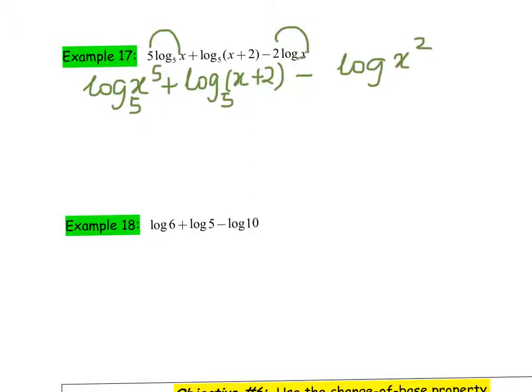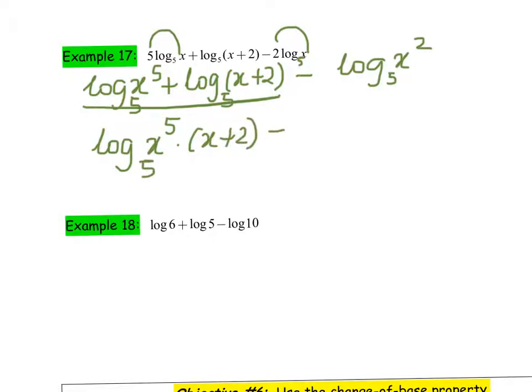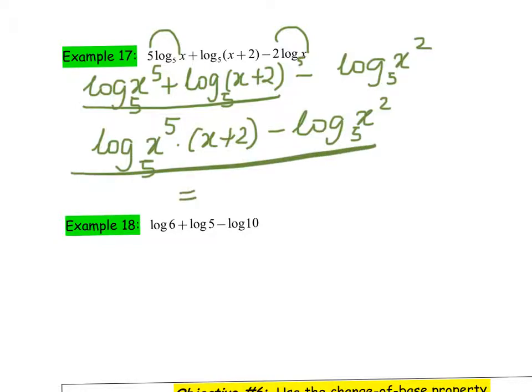This should be base 5 also. This is addition, so addition of logs becomes multiplication, correct, to the base 5, minus log x squared base 5. This is subtraction. Subtraction becomes division.